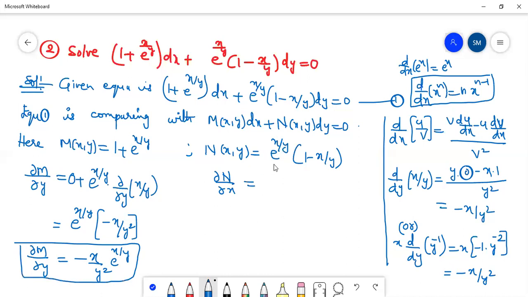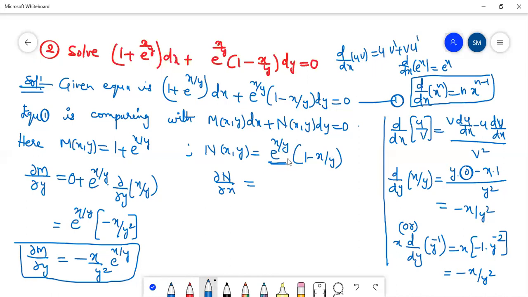Here ∂N/∂x. For ∂N/∂x, the exponential is involved in the x and y variables, and the other function is also involved in the x and y variables. So we are using the product formula, that is d/dx of uv equals u v' plus v u'.